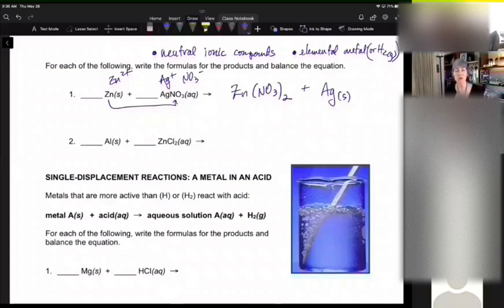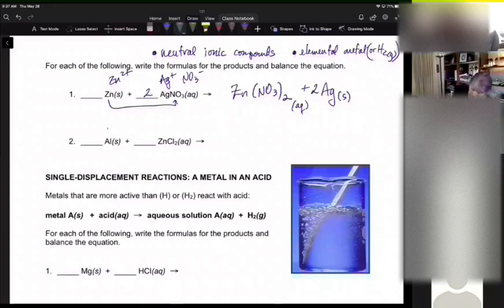When we had a double replacement, we had 2 ionic compounds. But now we just have 1 ionic compound with a metal. It's going to be a single replacement, just the cations switch. Okay, we have to use our solubility rules. All nitrates are aqueous, and we have to balance it. And there, we're done.